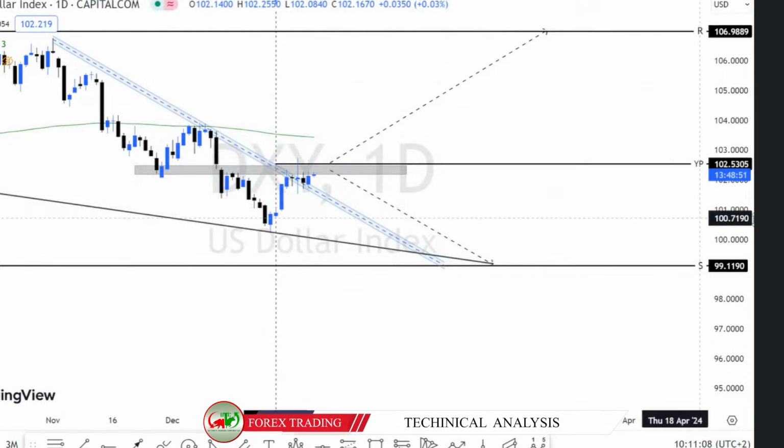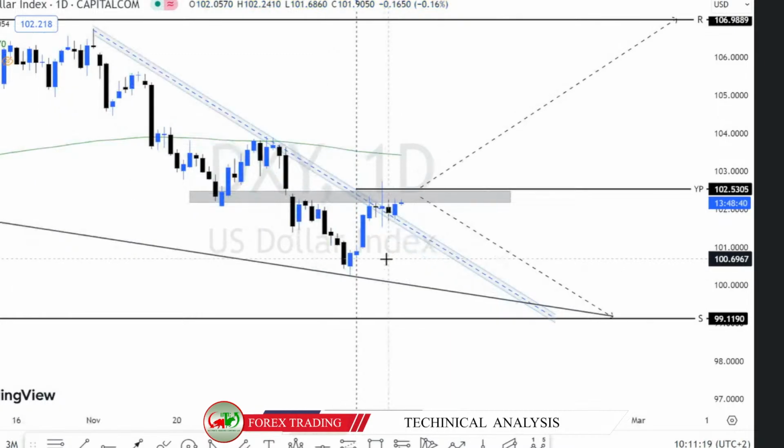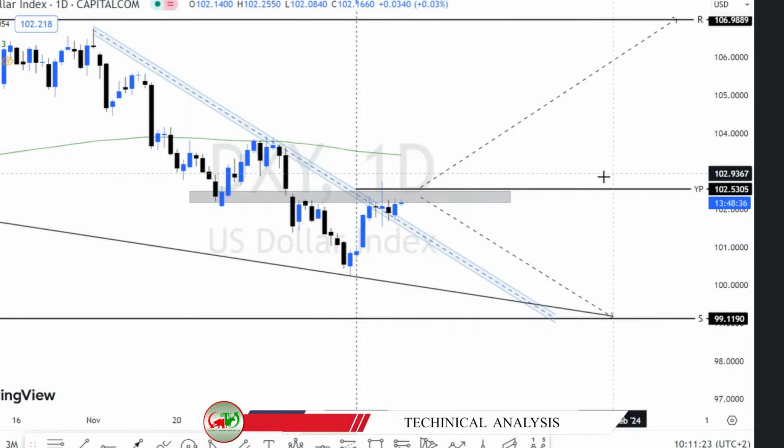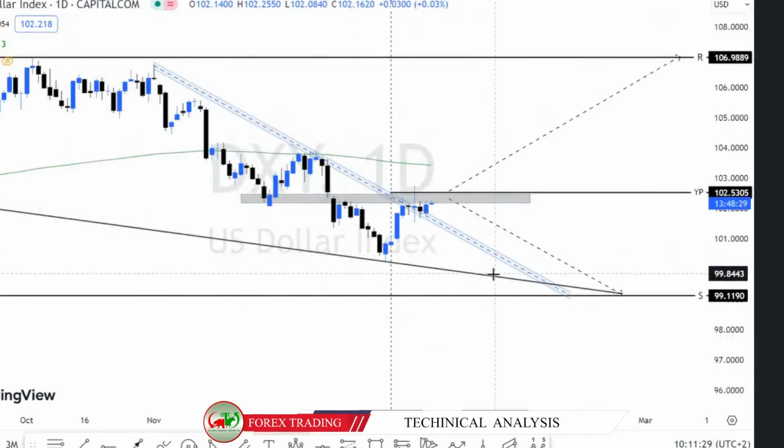We are watching how the price will react at this zone, since you could easily see that for the last 5 days the market was consolidating here. So we need to wait and see whether the buyers are going to push up and break above this high, or if this downtrend is going to resist.